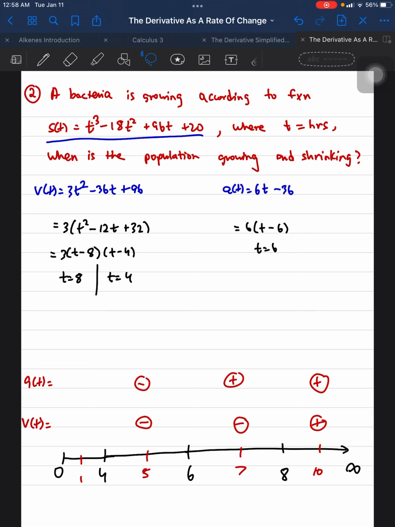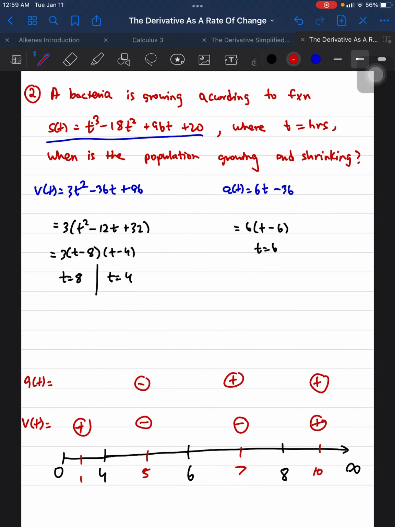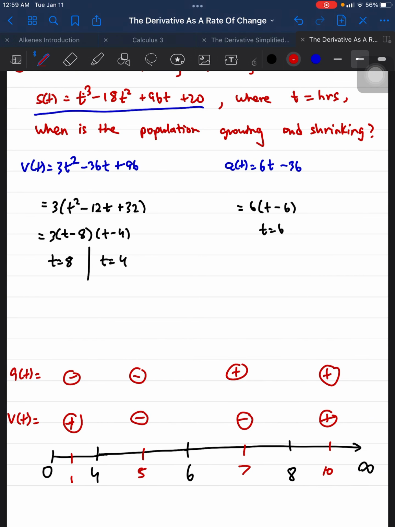So the velocity function is positive here at 1, and the acceleration function is negative at 1.